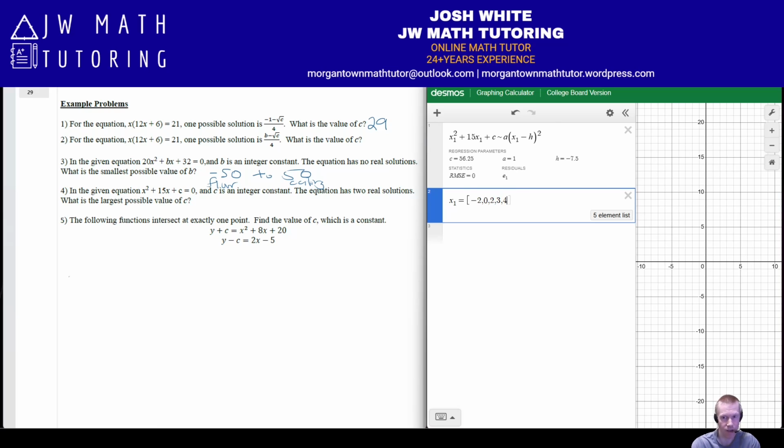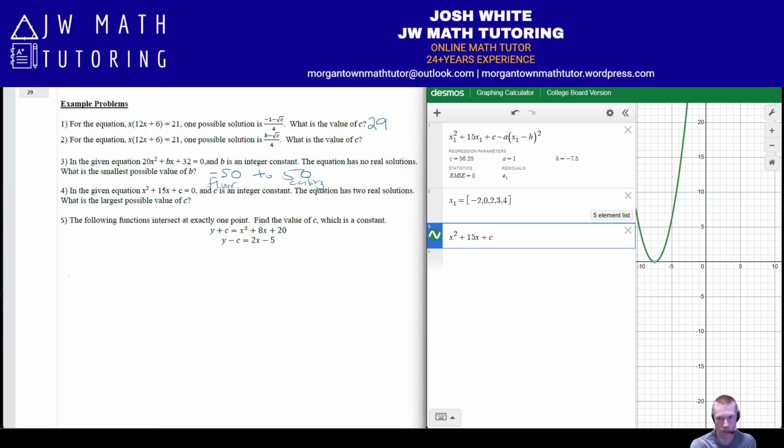That is the exact value which will give us one real solution. So the question is, for two real solutions, do we want it to be lower than that at 56 or higher than that at 57? It's probably not going to be higher, because then you could go 57, 58, 59 and there's no ceiling. So it's probably going to be 56, but let's graph it out to confirm.